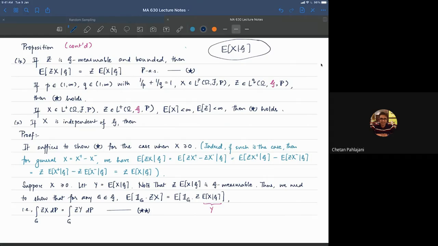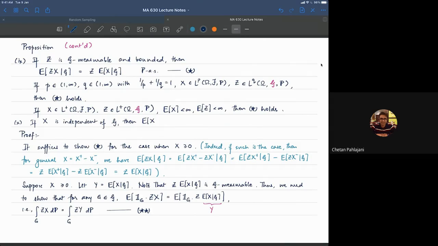We're thinking of this as the best guess of X given all the information in G. Now, if you are told that X is independent of G, that means that knowing G tells you nothing about X. And now I ask you, given that you have information G, which tells you nothing about X, what is your best guess of X? Your answer would be, well, my best guess of X is simply the expectation of X.